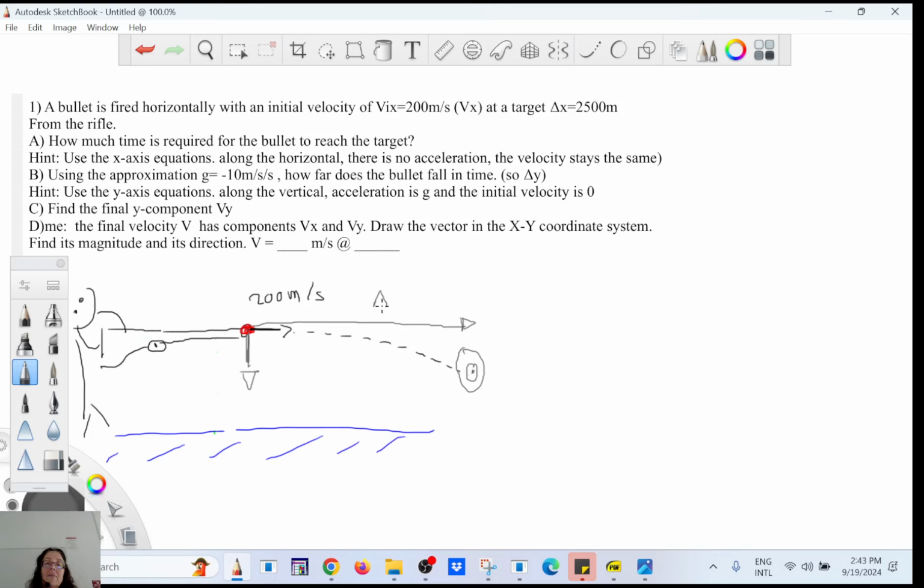Okay, so here you have your delta x, okay? That's your target. And here you have your delta y. My drawing is not very good. But do it, okay? Don't wait for me.